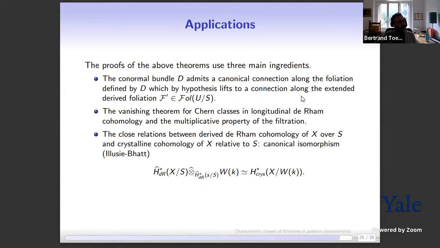There is one thing we want to investigate. I'm sorry, I'm going to answer another question maybe, but there is one thing we want to investigate which seems also classical. So usually in characteristic p, I think Toën and Ekedahl did study foliations in characteristic p and explained that the correct notion of a foliation is not a sub-Lie algebra in the tangent bundle, but it's a restricted sub-Lie algebra in the tangent bundle.